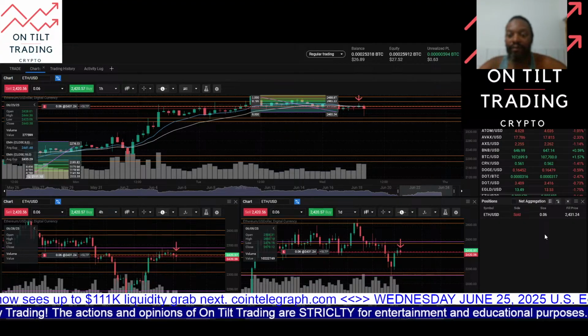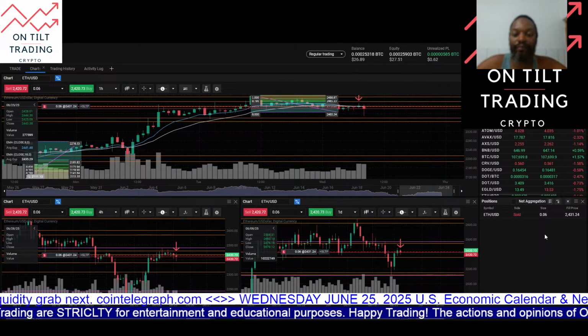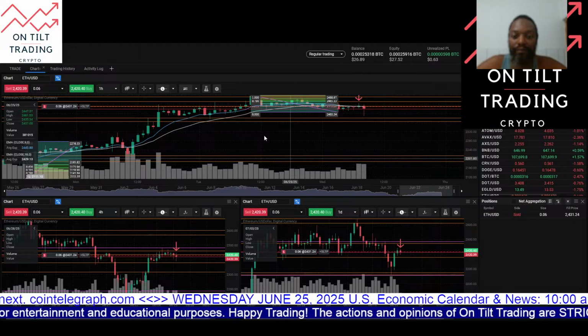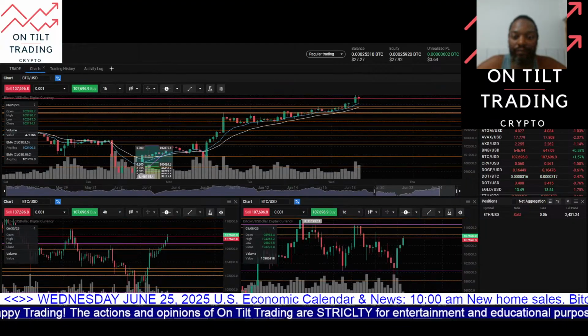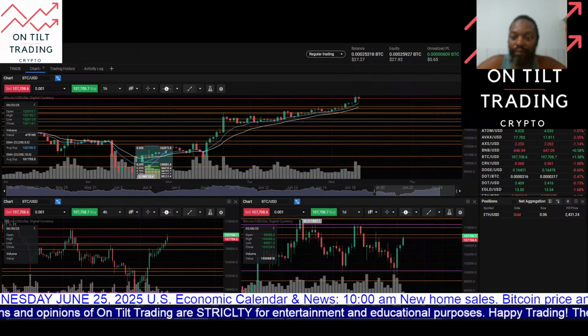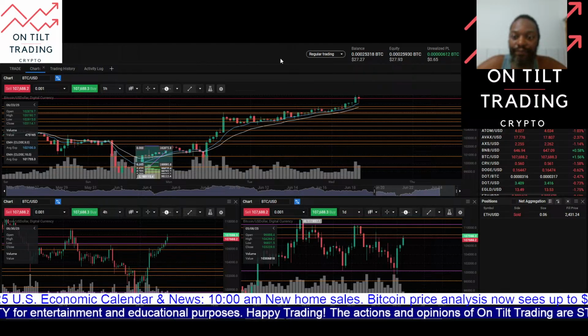Price being delivered to the buy side here, consolidating. Price at the 107,700 level on Bitcoin.